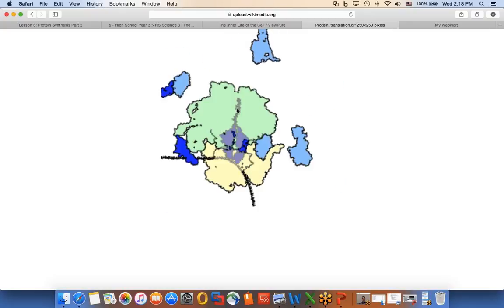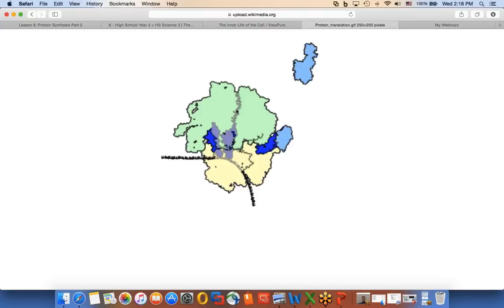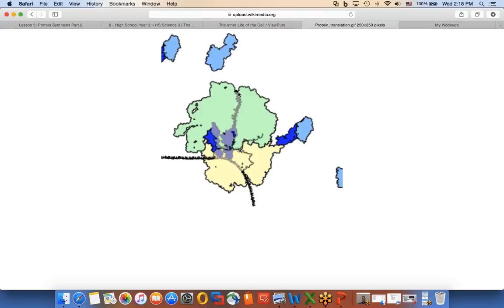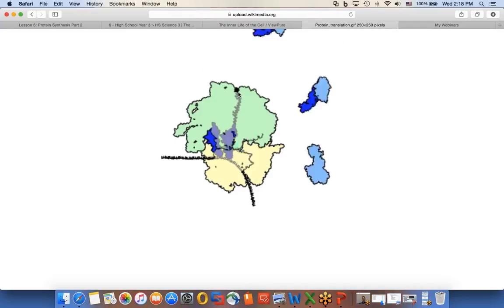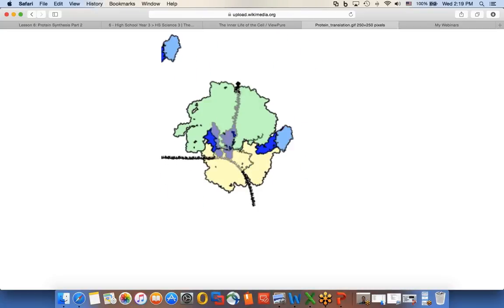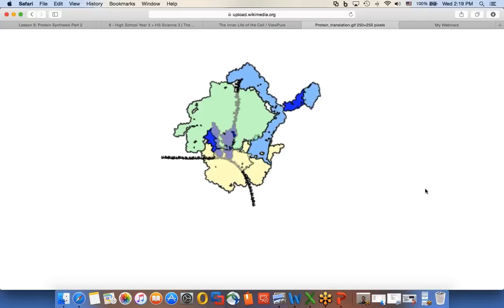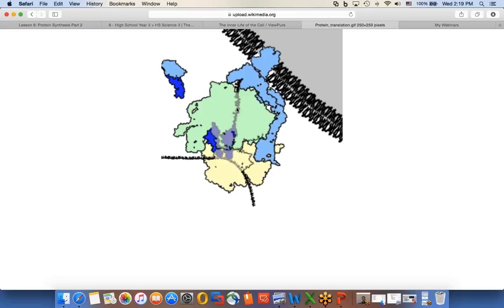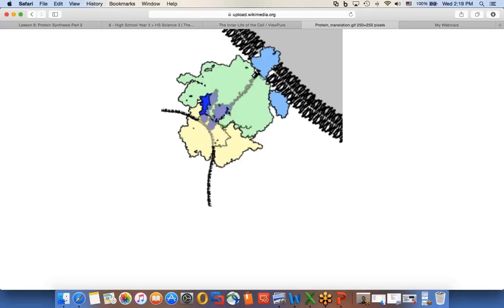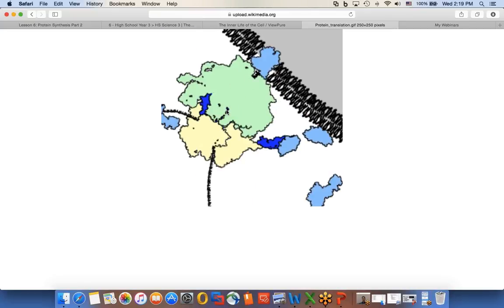And what is this part here building up? What is this string? Wiggly line, Maria. So this one is the sequence of amino acids, okay?